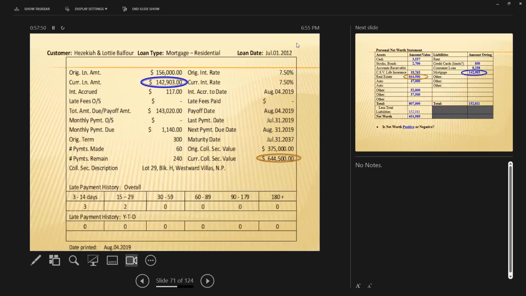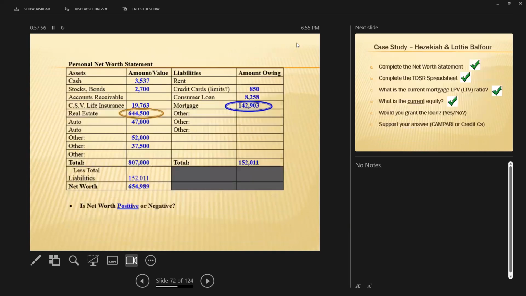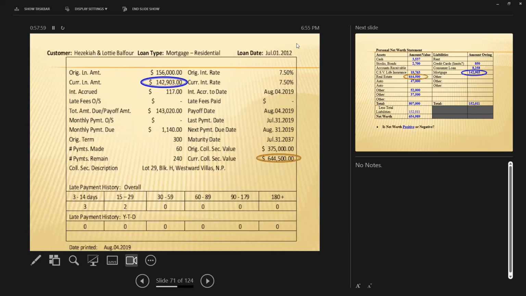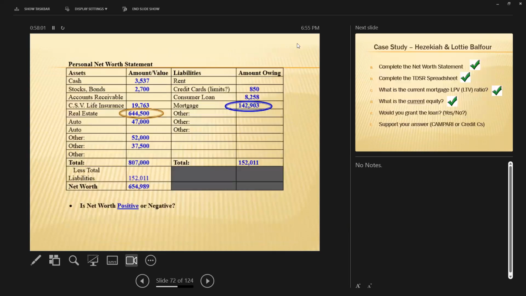Again, we could get those from the statement, or from the bank statement, or from the personal net worth statement.